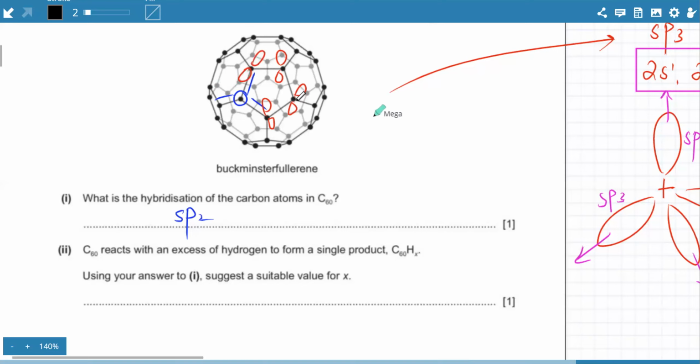So if hydrogen reacts, how many hydrogens will get added? Exactly 60 hydrogens, because each carbon can make one extra bond now.